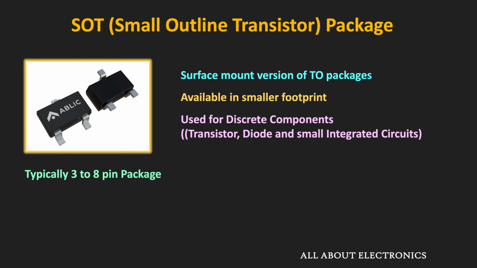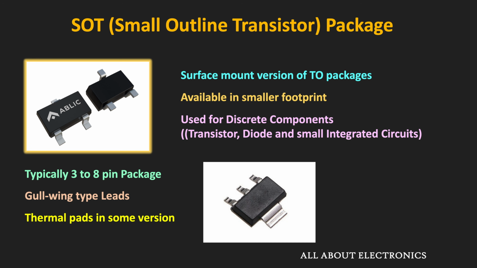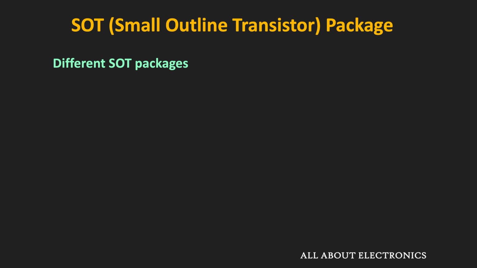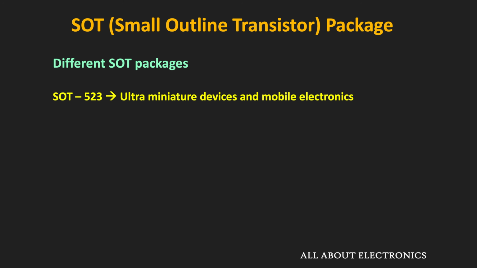Similar to the SOIC and the SOP package, these SOT package ICs are also using the gullwing kind of leads. And in some variants of this SOT package, there is also an additional thermal pad for better thermal management. Similar to the different TO packages, different SOT packages exist for different needs. For example, the SOT 523 package is mainly used for ultra miniature devices. Likewise, the SOT 323 is mainly used for small signal transistors and diodes.